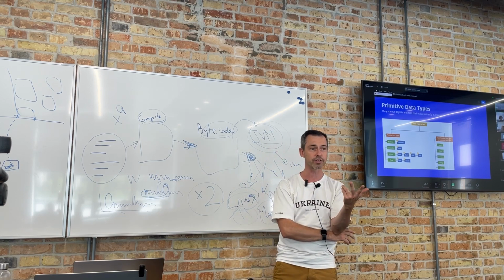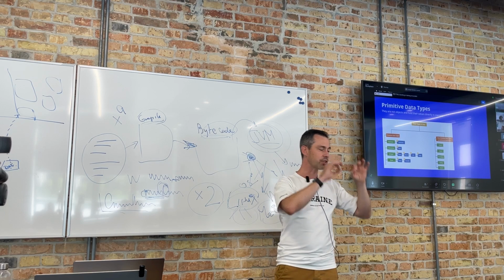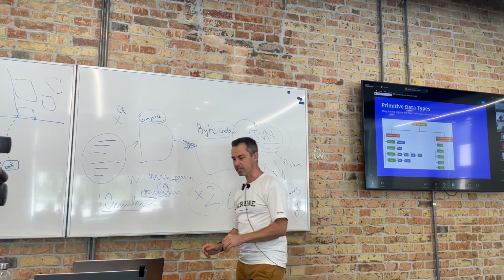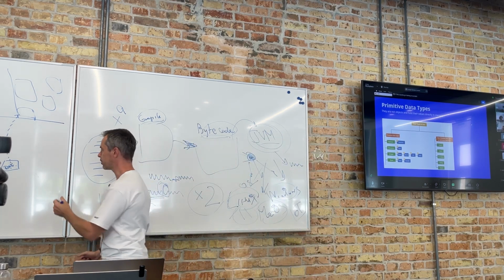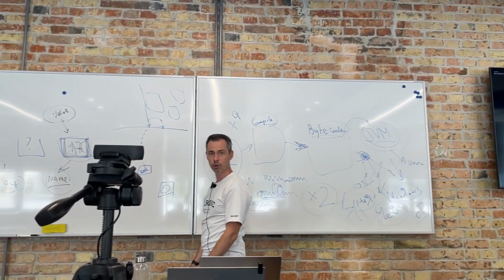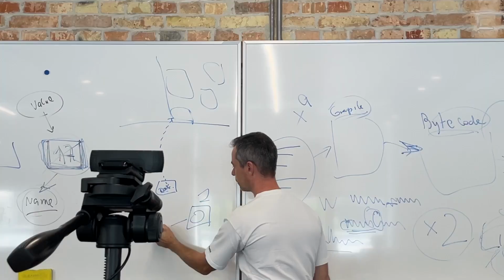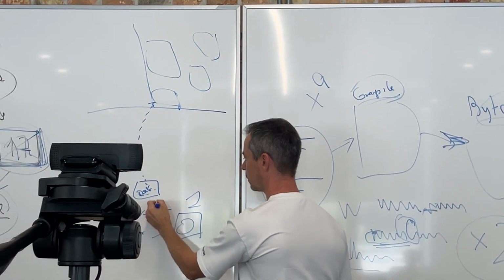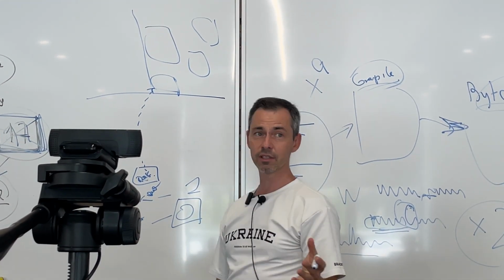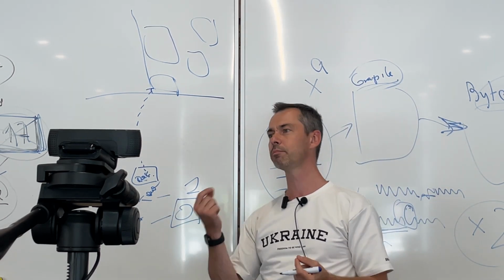Just two answers, yes or no. Starting from this very basic bit of information, we could have either 0 here or 1. This is false, this is true. And by the way, Boolean takes only one bit of information in memory.